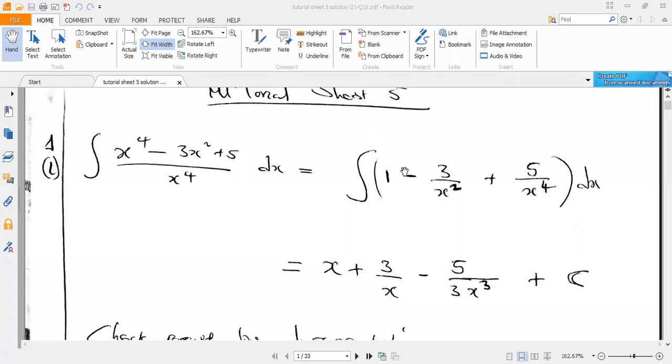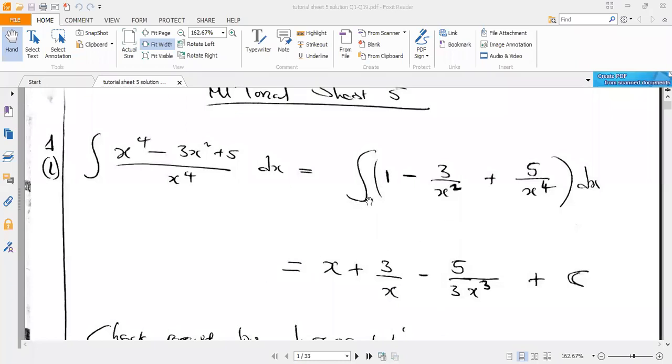Then 3x^2 over x^4 gives us 3 over x^2. Then the other one will be plus 5 over x^4, then dx.